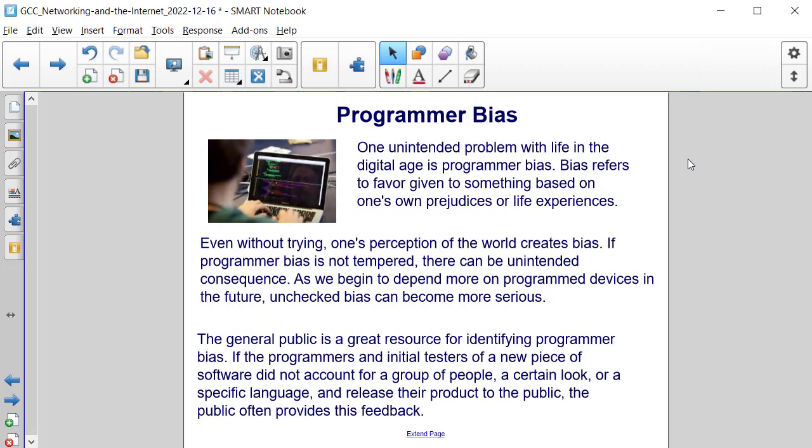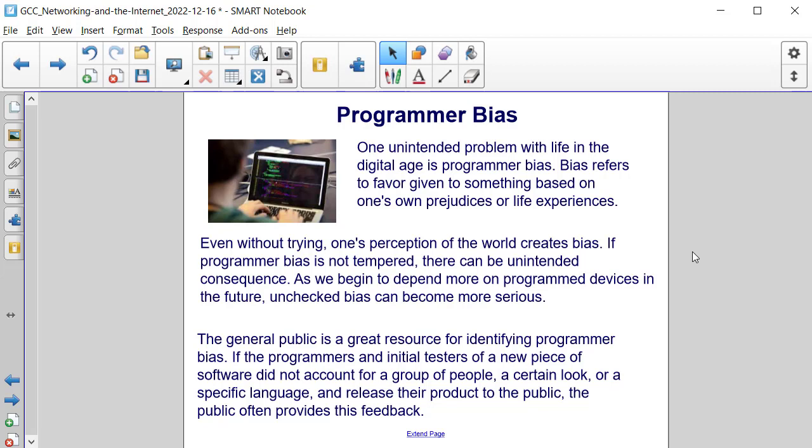One unintended problem with life in the digital age is programmer bias. Bias refers to favor given to something based on one's own prejudices or life experiences. Even without trying, one's perception of the world creates bias. If programmer bias is not tempered, there can be unintended consequences.